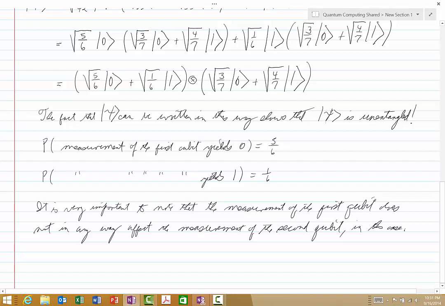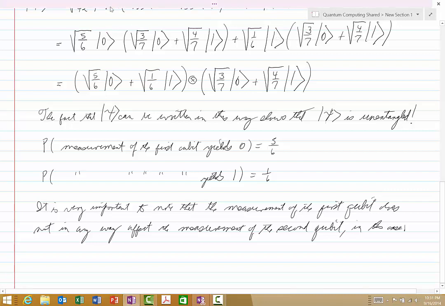And let me emphasize what I mean. This parenthetical term is the second qubit, and it's exactly the same whether the first qubit is 0 or the first qubit is 1.